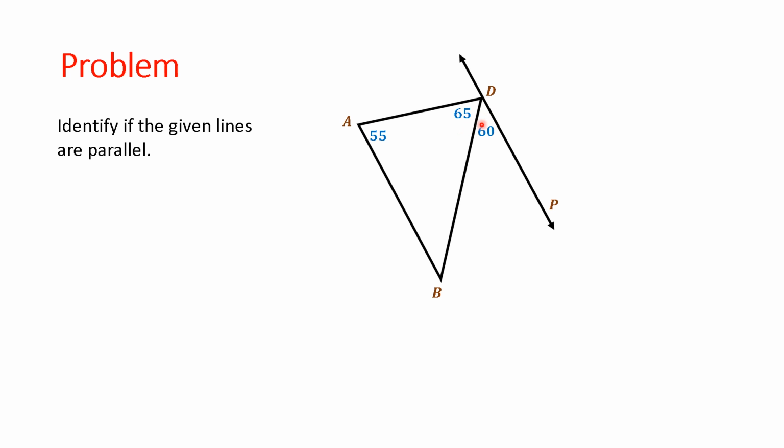Now, you're asked, is AB parallel to DP? That's the question, right? How are you going to work on that? It's quite difficult if you don't know those elements we discussed in parallel lines cut by a transversal.